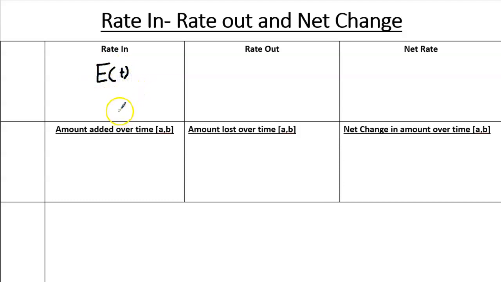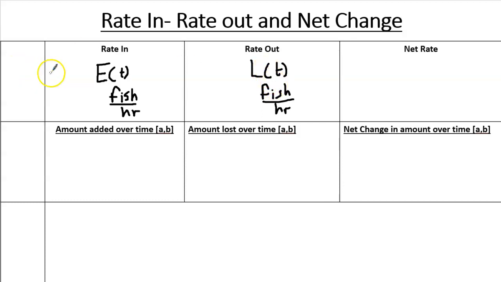And that's how fast the fish are entering the lake, and my units are in fishes per hour, right? And my rate out is L of t, and that's in fishes per hour also, and that is how quickly the fish are leaving the lake at any given point in time.